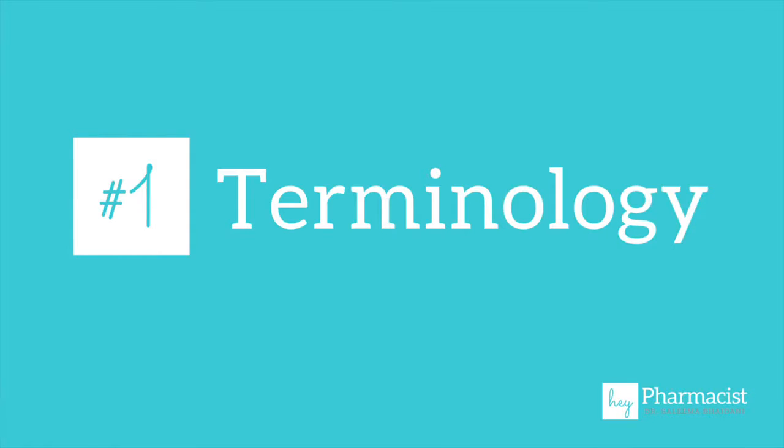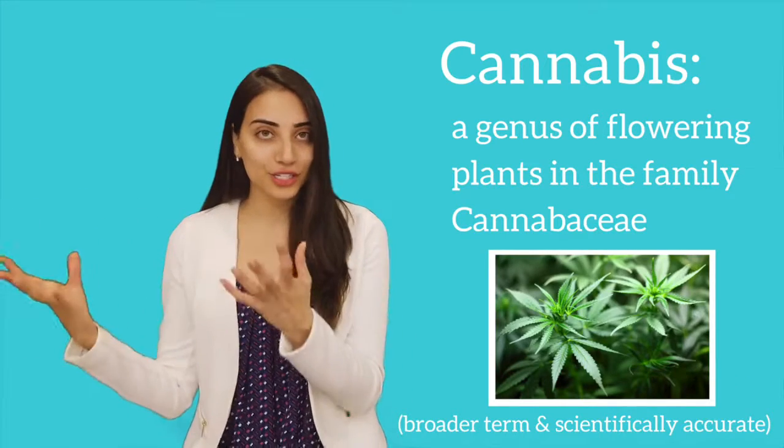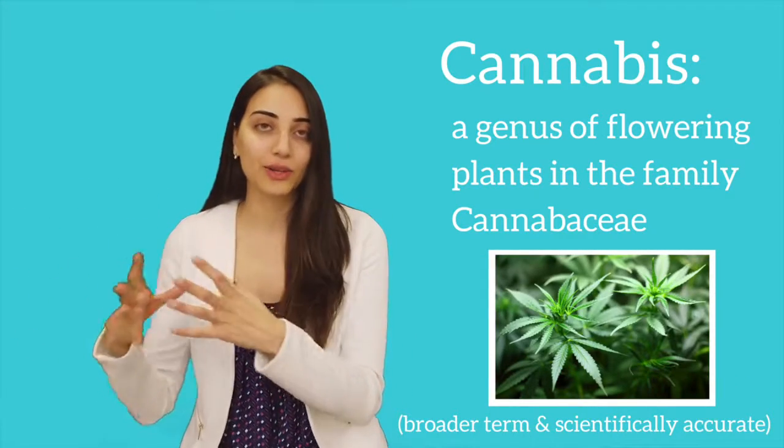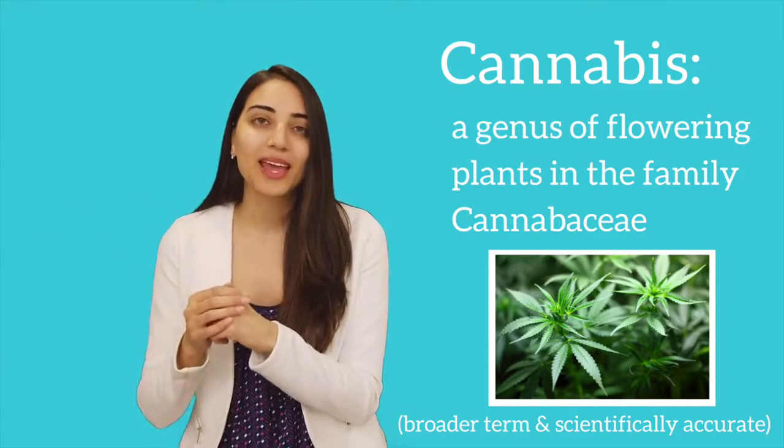Number one, terminology. I thought it would be important to start with talking about the difference between the word cannabis and the word marijuana. So the difference is that cannabis is a more broad term and it refers to the plants and all the species within that, which I will get to in one of my next points.